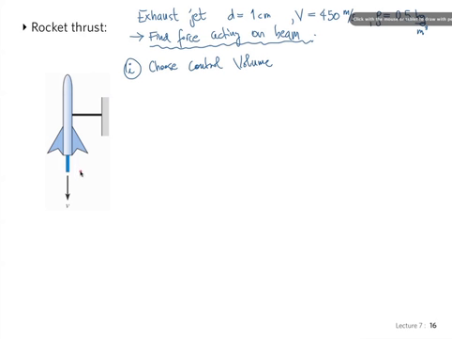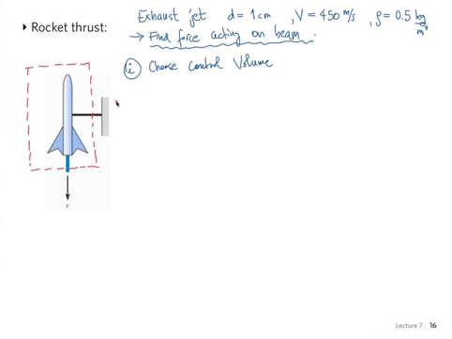So let's choose a control volume that encloses the whole rocket, crosses here perpendicular to the jet, and at one point, of course, it's going to cut that beam. So we have some force here on the beam.